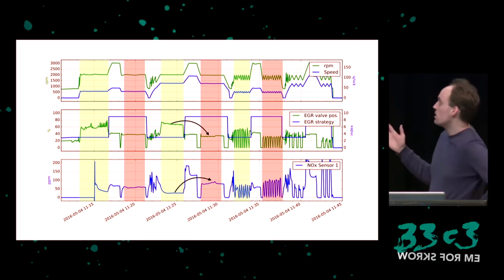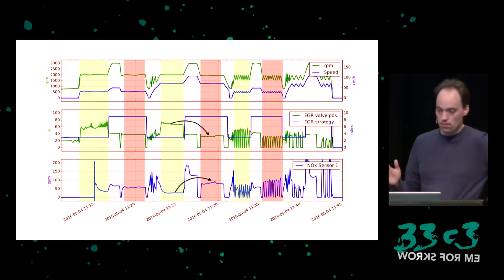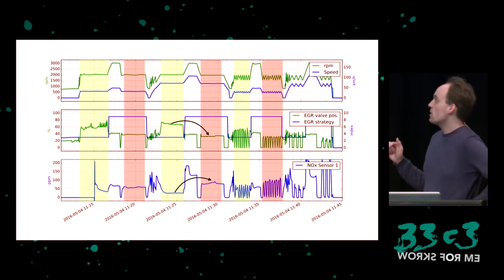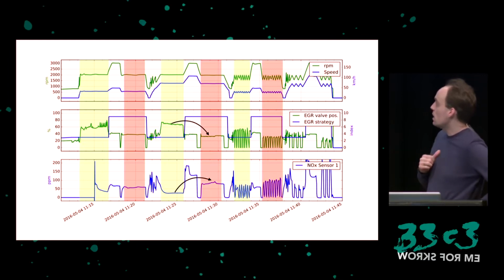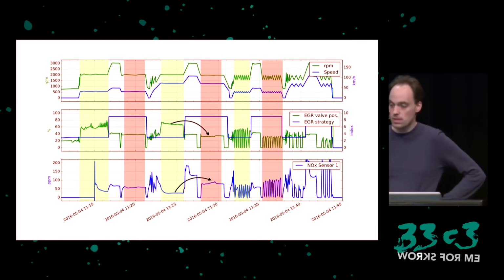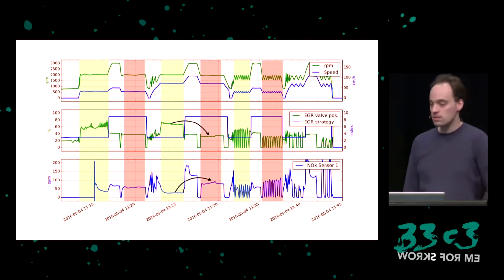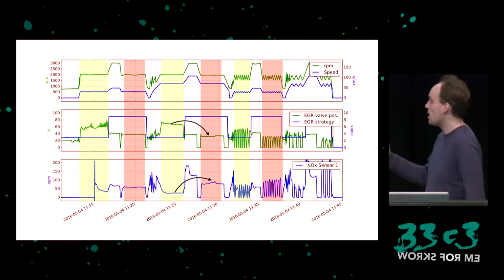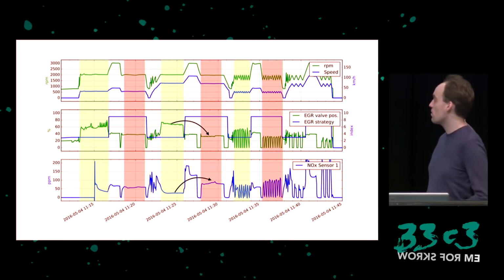After we exceeded it once, even though the engine is again operating in the exact same operating point, we see much lower EGR valve positions, around 50% or something. And if we look at the bottom, we see the engine NOx emissions, and we see that they are significantly higher on the right side than they are on the left side.